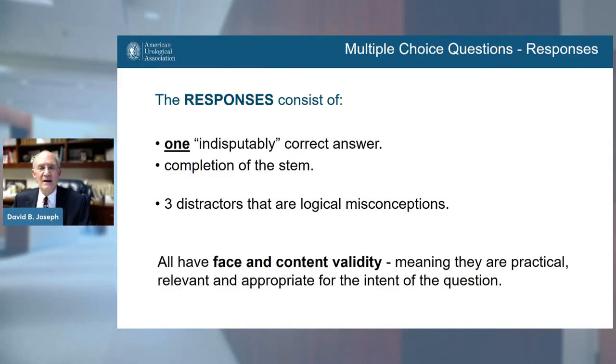So within that, you want to make sure that one of the responses you write is indisputably correct. And it's very common that you can have a lot of content experts working on a particular question, all feeling very confident that they have the one correct answer. It completes the stem.